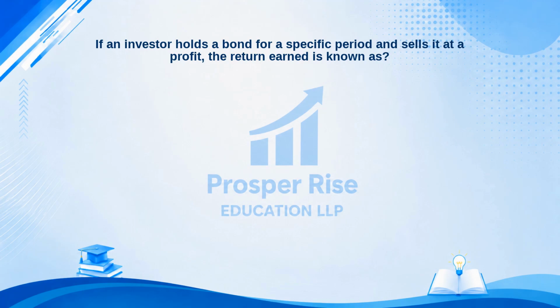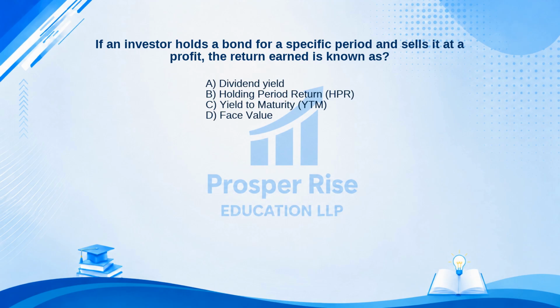Let's look at this next question. If an investor holds a bond for a specific period and sells it at a profit, the return earned is known as. Here are your options. A. Dividend yield. B. Holding period return, HPR. C. Yield to maturity, YTM. Or D. Face value.